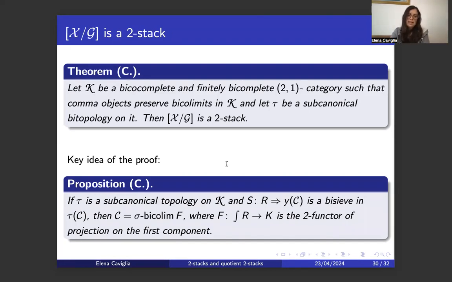And here I proved that every object of a subcanonical bisite can still be seen as some kind of colimit of the covering bisieves. And this colimit is a sigma bicolimit, so it's a two-dimensional colimit. And so this result is what actually allows me to prove that X over G is a 2-stack in this context.